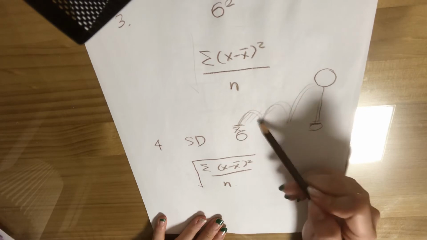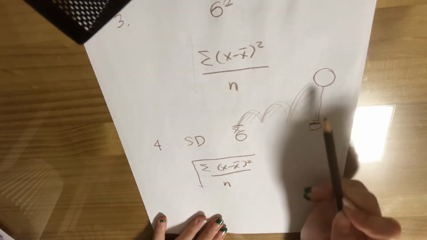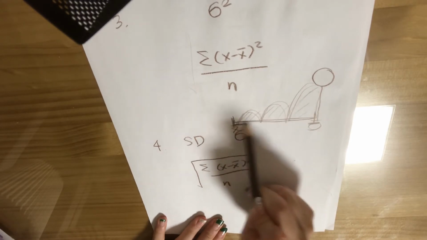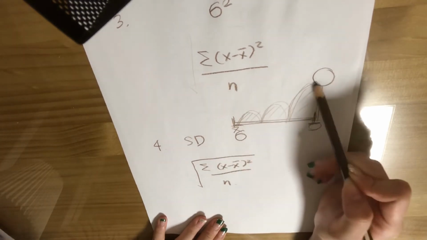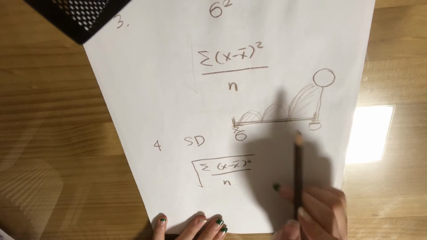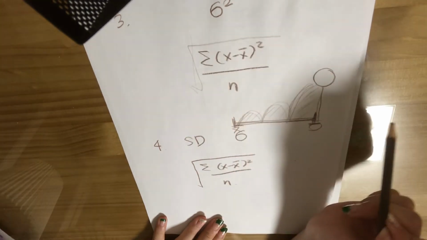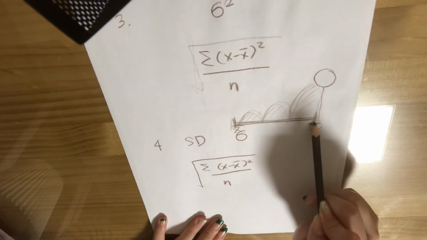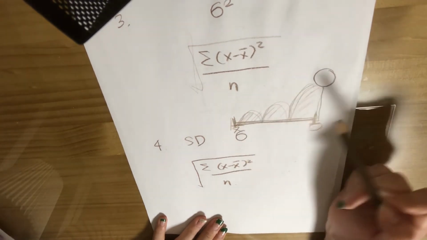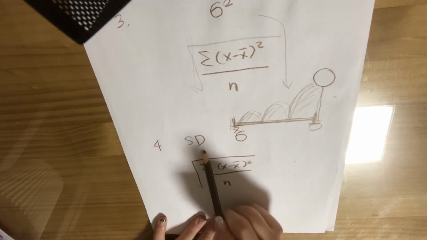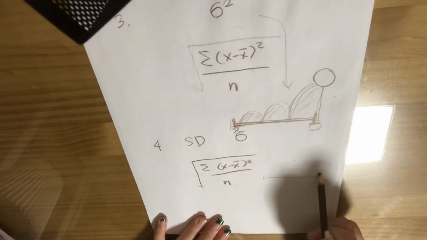So this magnitude is the variance, how far this value is from the mean. However, we want to know the actual distance from it. So we take the root of the variance to just know the distance, not the magnitude. So variance is about the magnitude and standard deviation is calculating the distance.